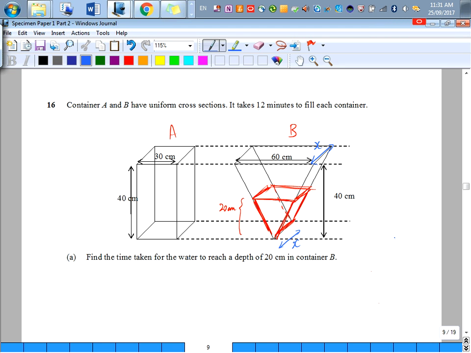Okay, you see that the ratio is 1:1 for the small to the big one. Then now you consider the ratio of the small height to the big height is 1:2, right? Then what about the ratio of this length to this length? It is still 1:2. Because the only similar shape that we have will be this triangle and this bigger triangle.